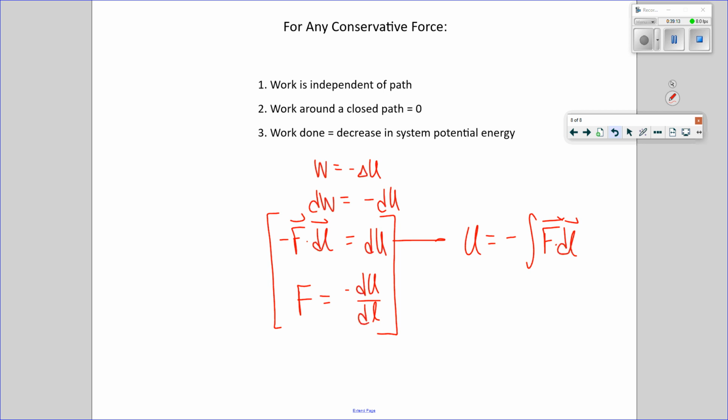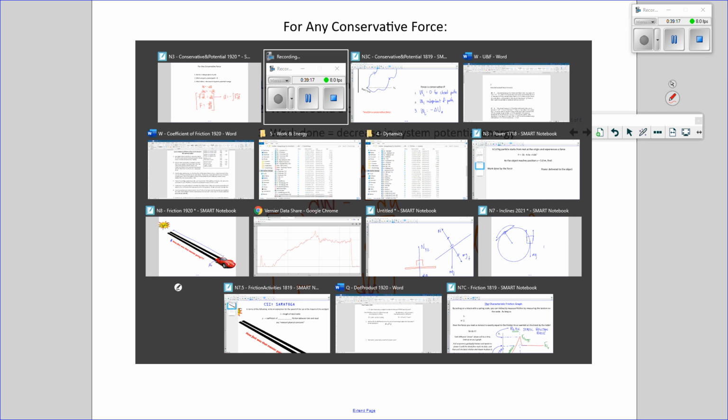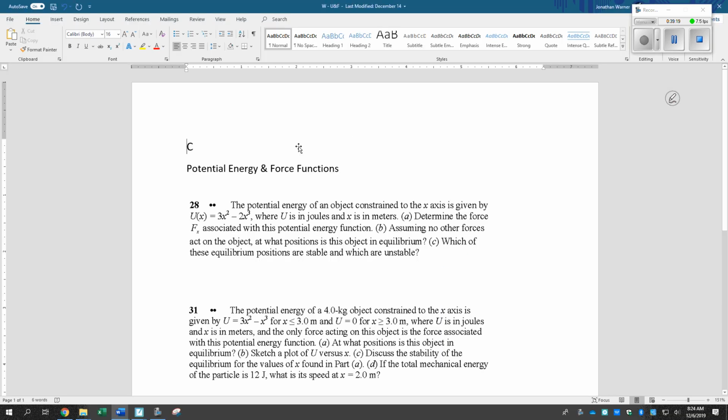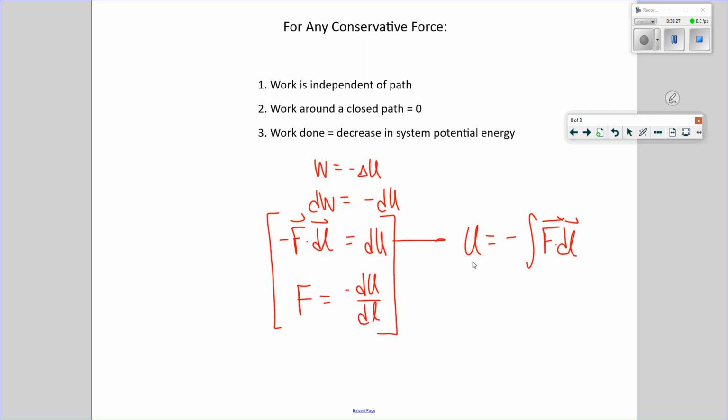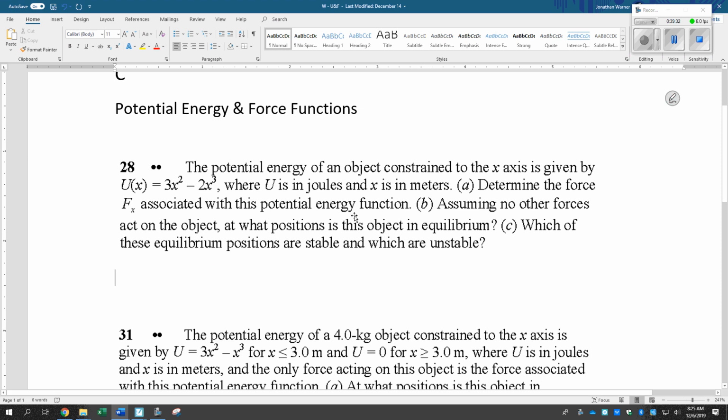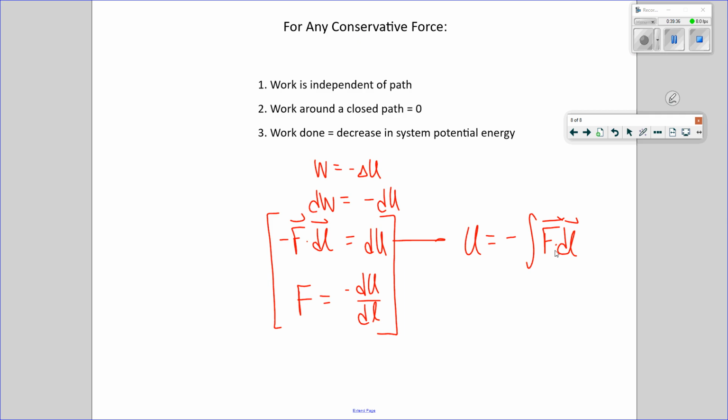Okay? There are some arbitrary sorts of questions like these, right? Hey, here's some potential energy function. It looks like that. Okay, fine. What's the force function? So all you do is you do this stuff. Then there are questions like, equilibrium. Where's an equilibrium? What does equilibrium mean? Oh yeah, equilibrium means force is 0.